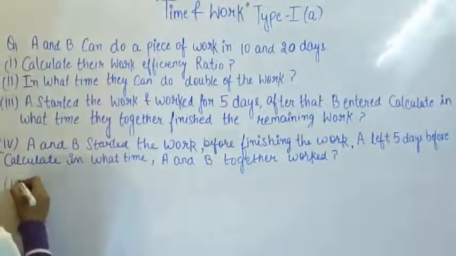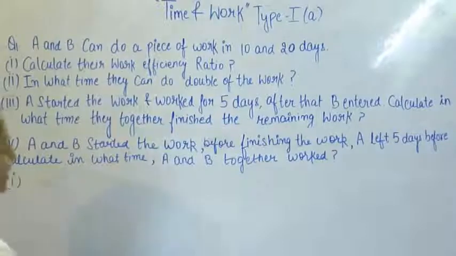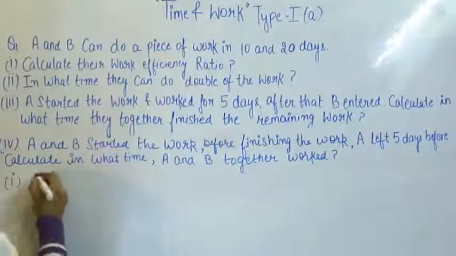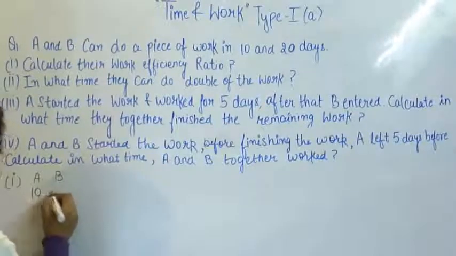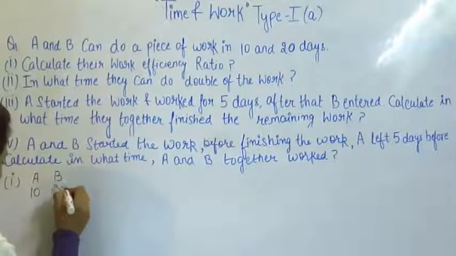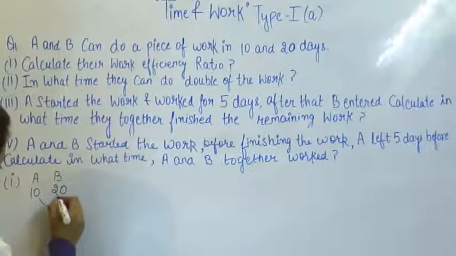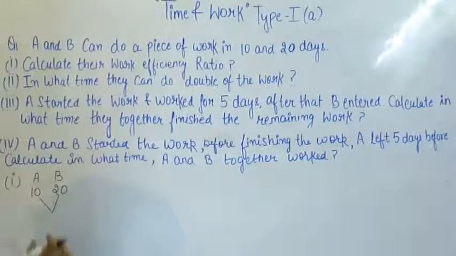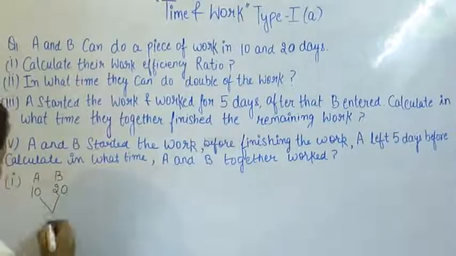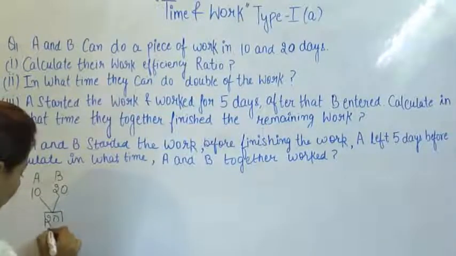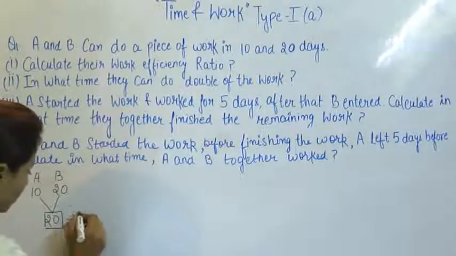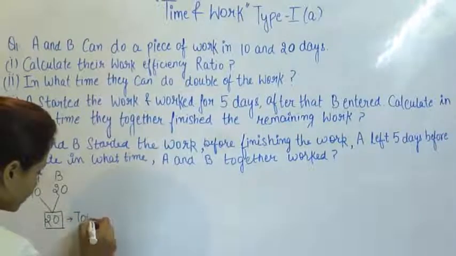First question is: calculate their work efficiency ratio. A can complete the work in 10 days and B can do that work in 20 days. First of all, we take the LCM of these two numbers. LCM would be 20. Whatever LCM we take, that would be the total work. Right?